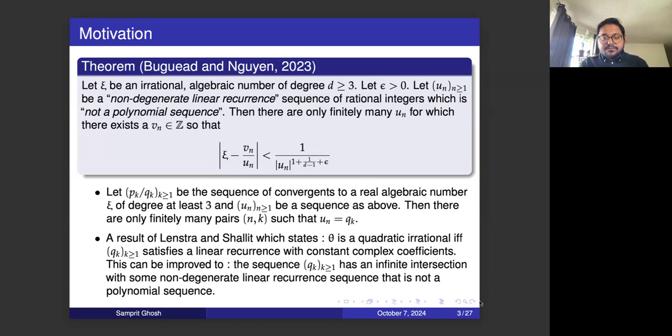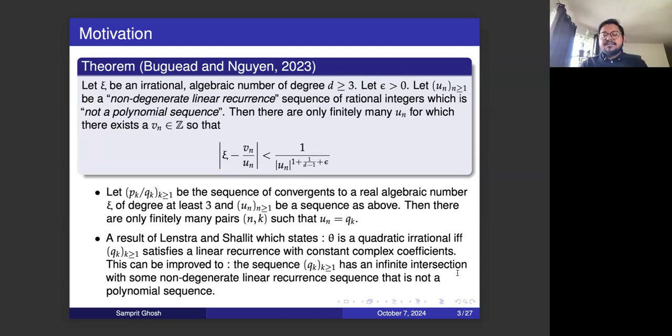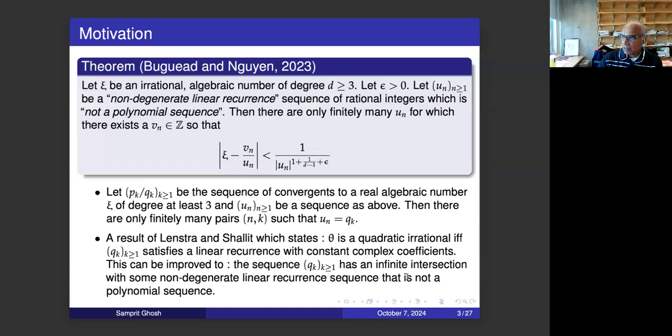Lenstra and Shallit show that theta is quadratic irrational if q_k has a certain property, a linear recurrence, and you're saying you can improve this. Yes, theta is quadratic irrational if and only if the sequence q_k has an infinite intersection with some non-degenerate sequence. In other words, that conclusion is equivalent to saying it satisfies a linear recurrence with constant complex coefficients.